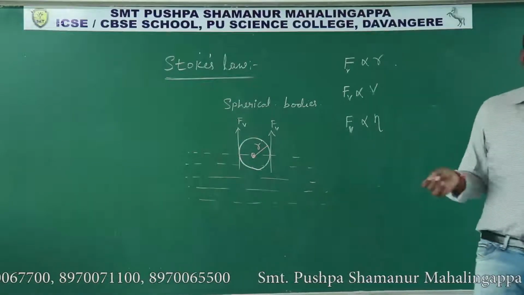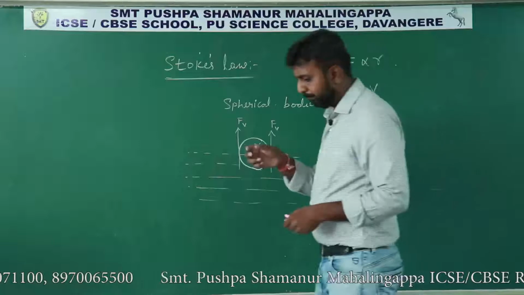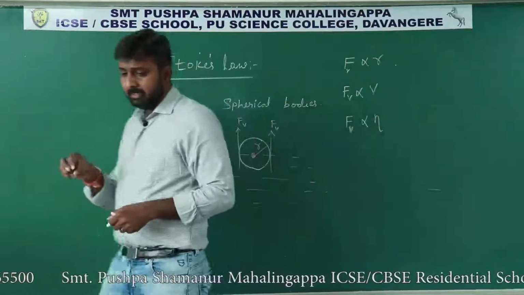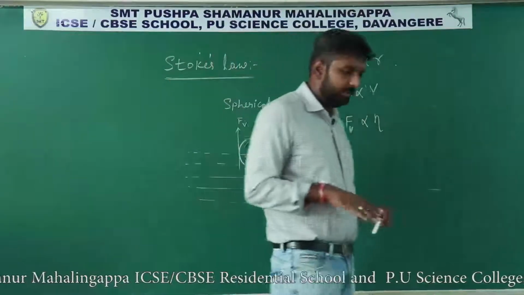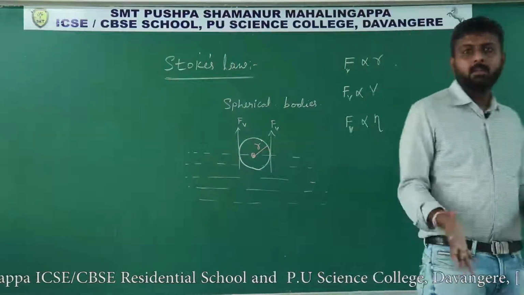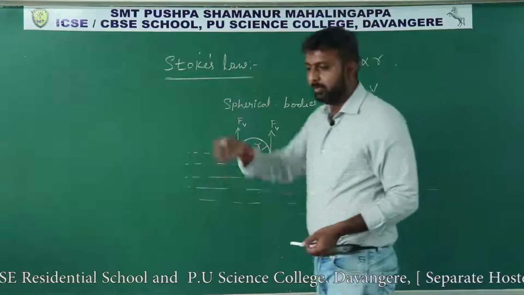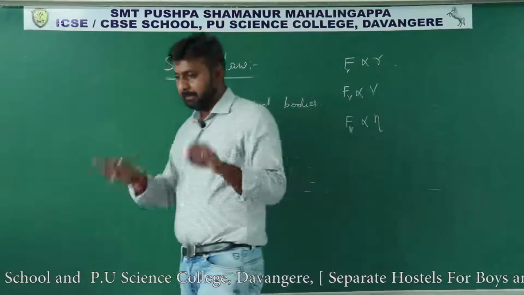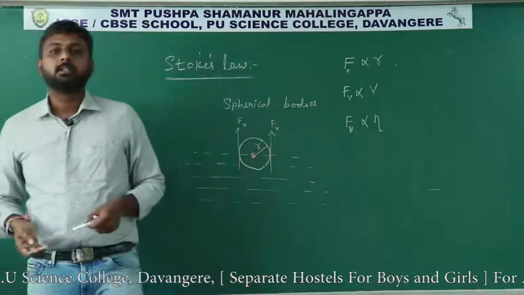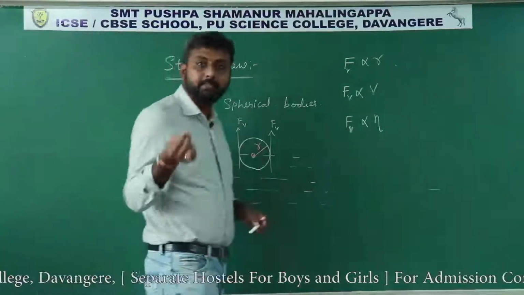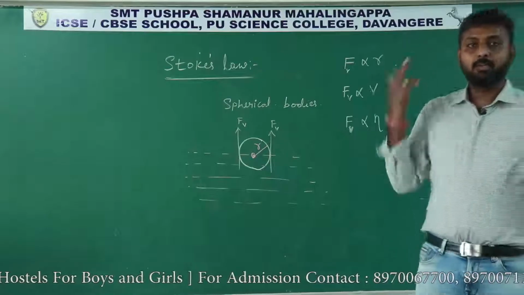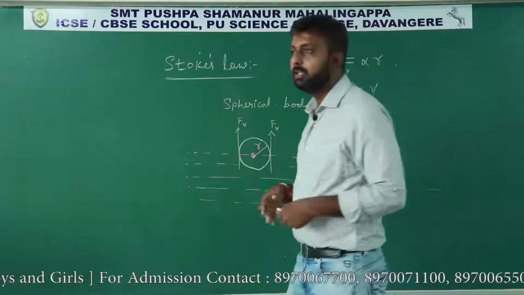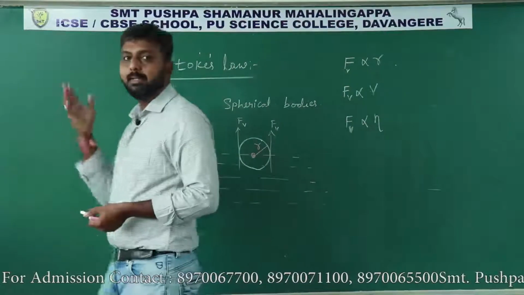So for example, you can consider dropping a spherical pebble or a marble into water, it will reach the bottom surface earlier compared to dropping a marble in honey, isn't it? So why? Because honey, a thick liquid, its viscosity is more, hence the viscous force will also be more. Water, its viscosity is less compared to honey.